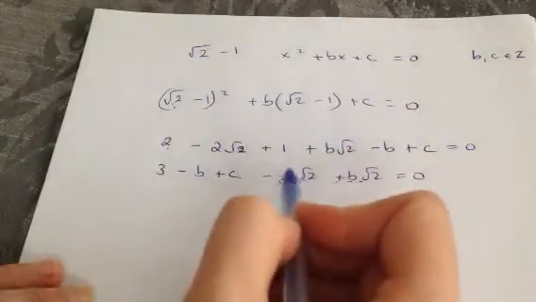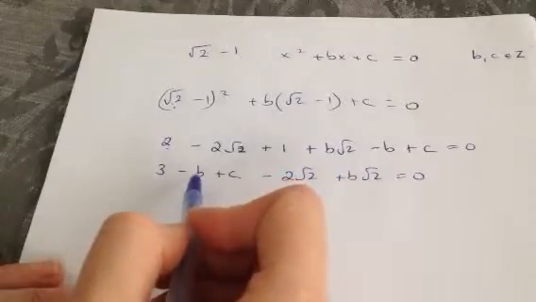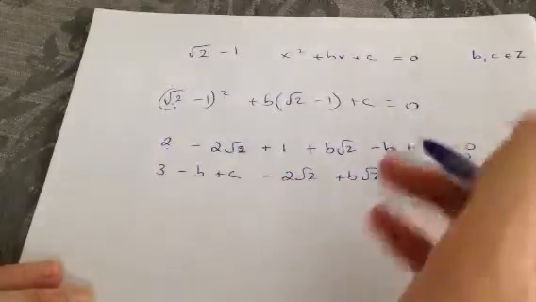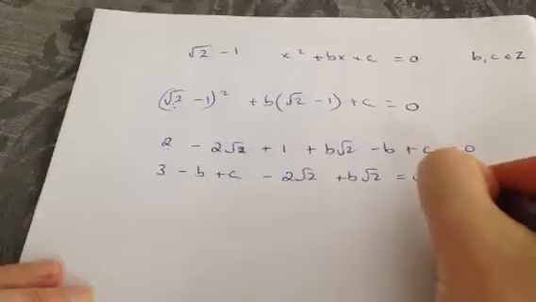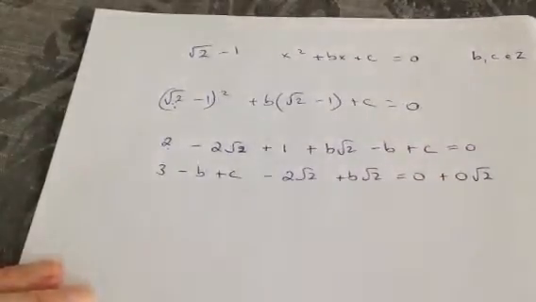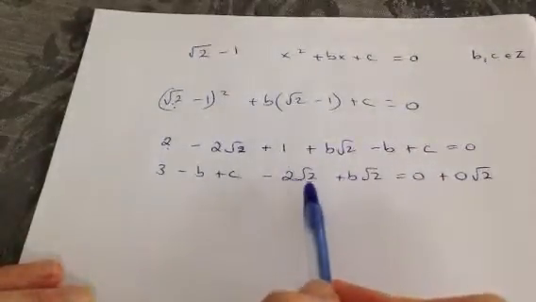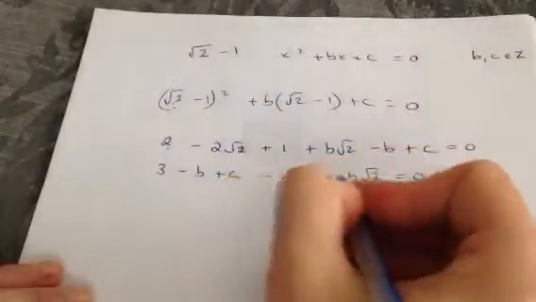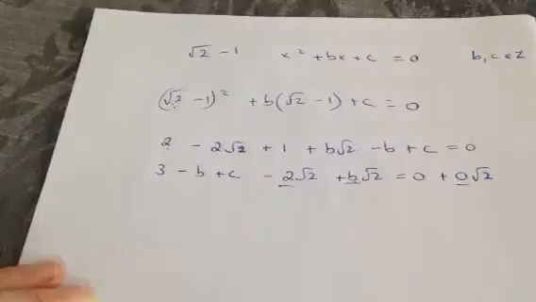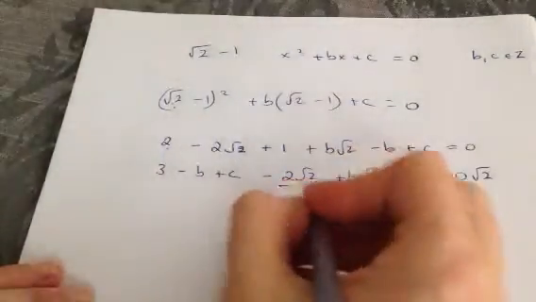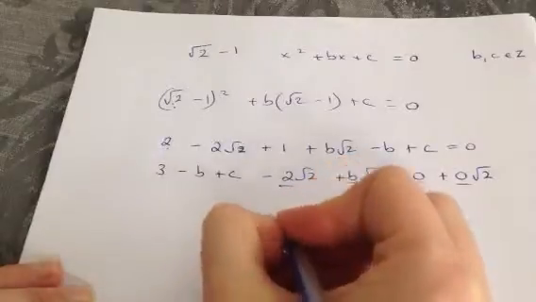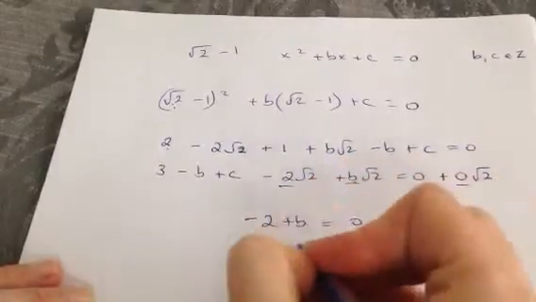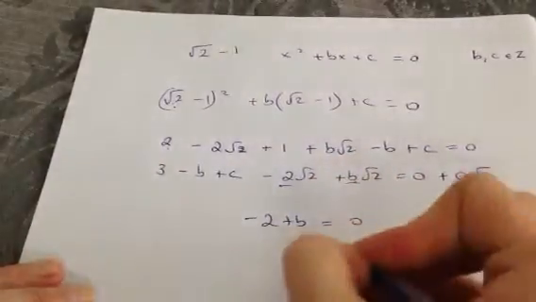So if you think about it, if b and c are integers, then this has to be equal to this. If b is an integer, it has to work out that minus 2 plus b is equal to 0, so b is equal to 2.